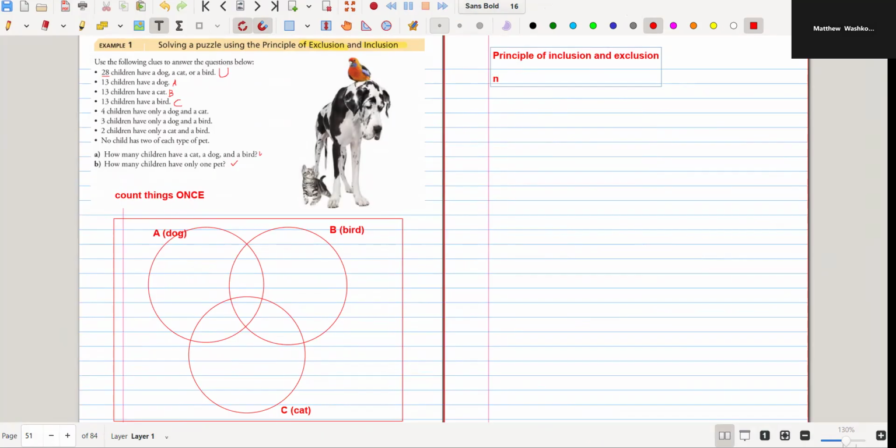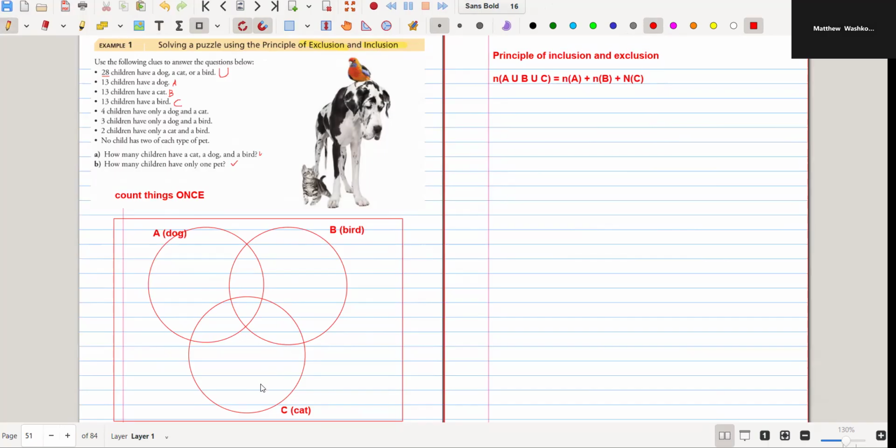What we have is we want to find the number of A union B union C, right? The number of dogs plus birds plus cats. To properly map that, I take the number of dogs plus the number of birds plus the number of cats, right?